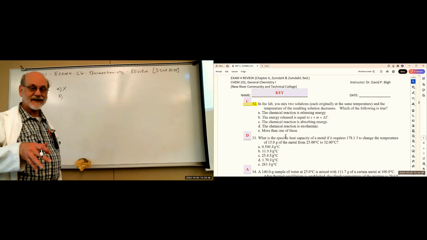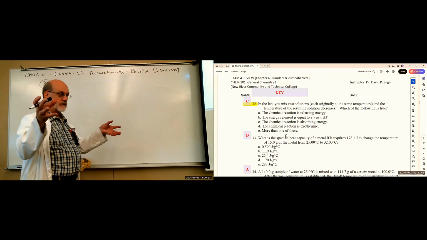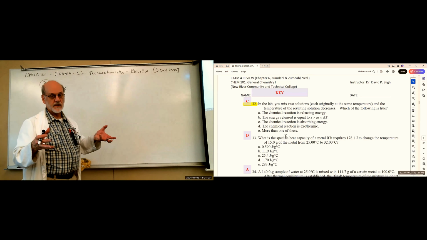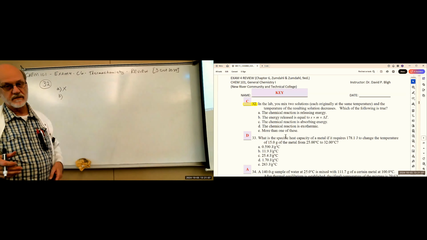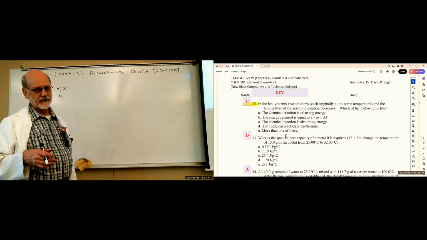It's not exactly equal to SM delta T because there are 2 solutions. You added 2 solutions together. They might be at the same temperature, but the final temperature is going to be different, and the mass of each might be different. The specific heat might be different. So we can't just say that the energy released is SM delta T. That's too simple. That doesn't cover all our bases.